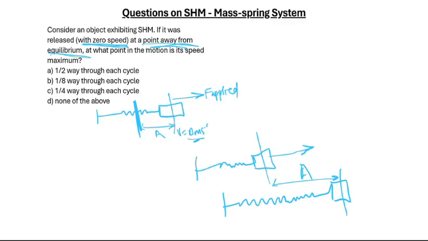Just before you release it, the velocity is zero, and once you release it, the velocity starts increasing. At this middle point, the velocity becomes maximum, and it goes on, the spring compresses and comes back to this place, and at this point the velocity is zero also, and it goes to and fro.